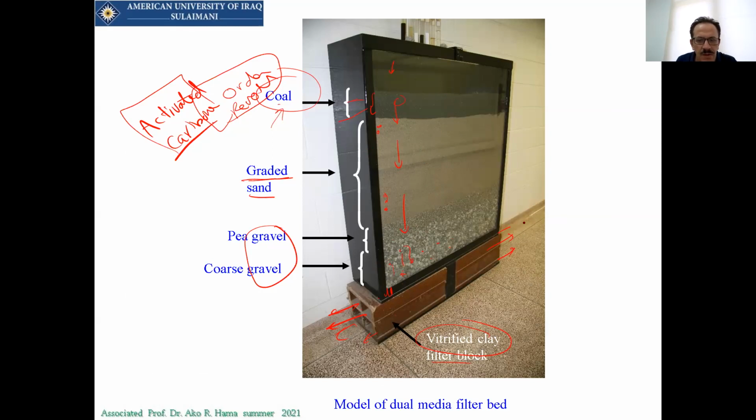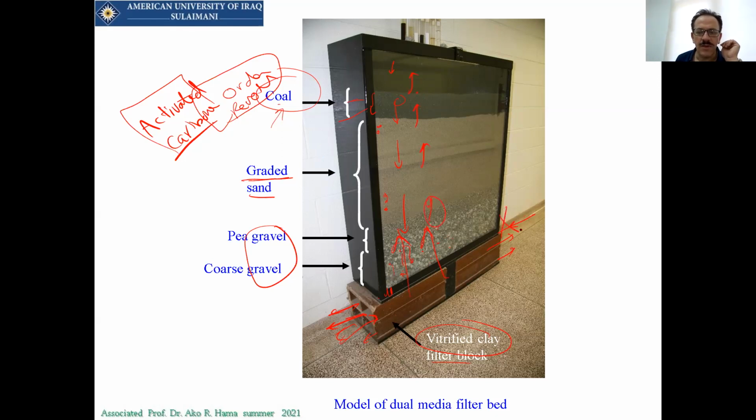When we are going to wash this filter, we just inverse the flow back. When you are inversing the flow back, what will be moved first is the easiest one, the lowest in weight. So this will move first, and this will move second, and so on. The last layer to move is here, this one.